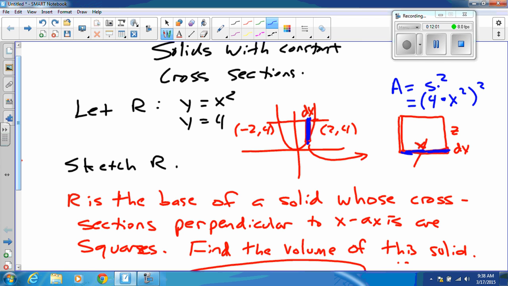And then I'm letting the width of those boxes go to 0 so that my error goes to 0. That's really what's happening. I'm estimating with an inside sum and an outside sum. And that slope right there defines an inside box and an outside box. And as dx goes to 0, it moves to a proof.